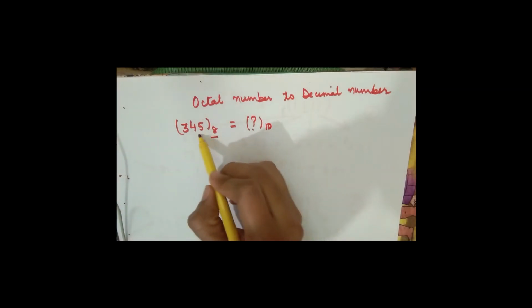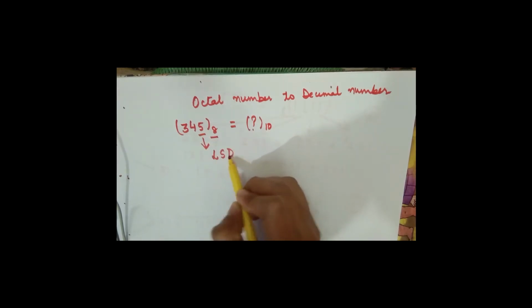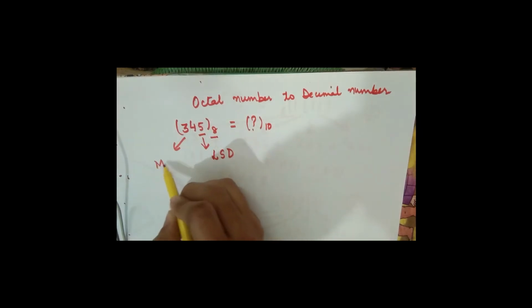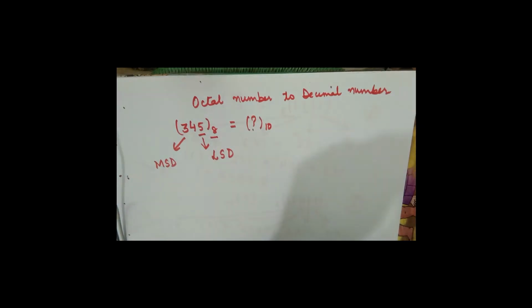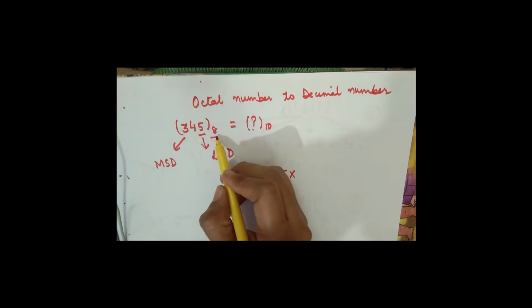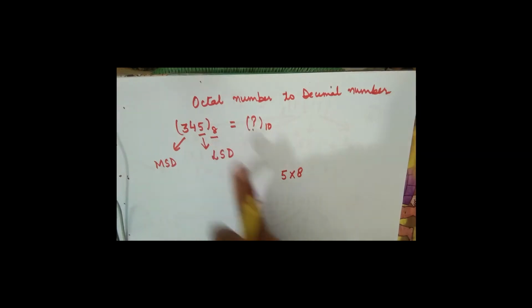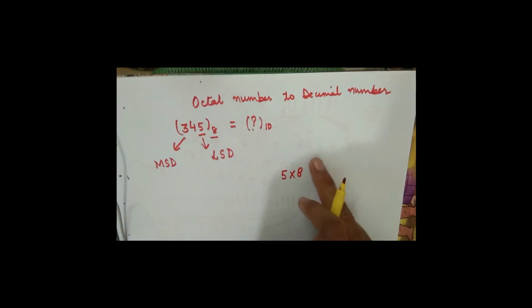Now see, this is called the least significant digit and this is my most significant digit. First of all, we are going to take the least significant digit, that is 5. Multiply it with the base 8. Since it is octal, the base will be 8, multiplied by 8, and what will be the power?